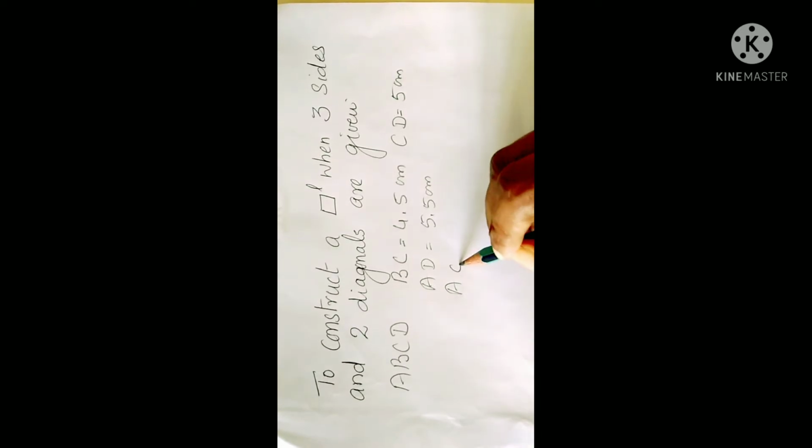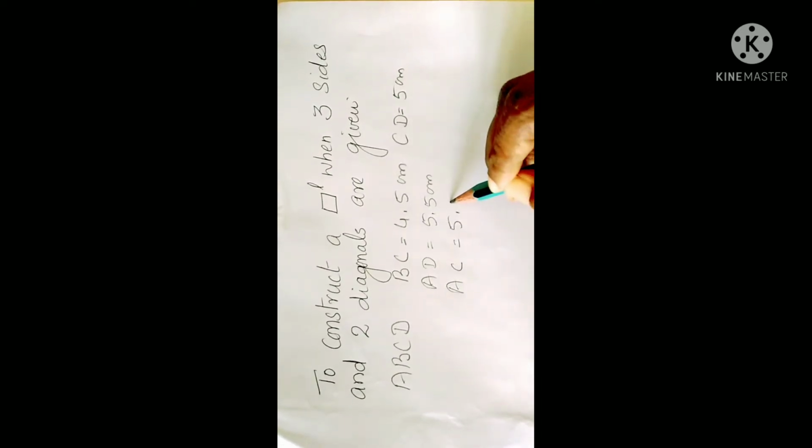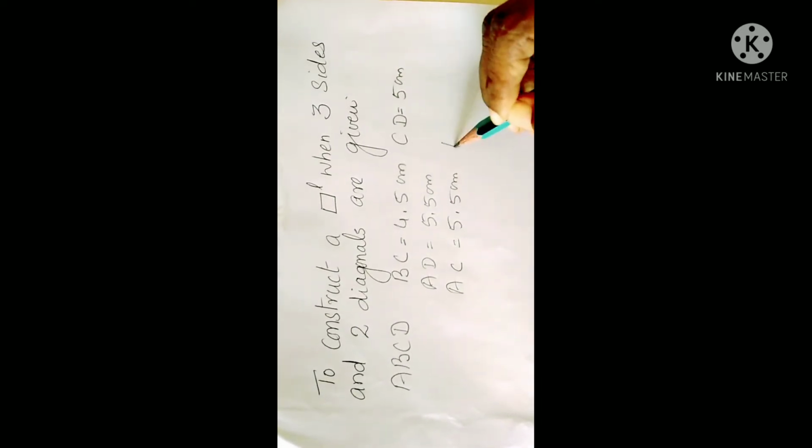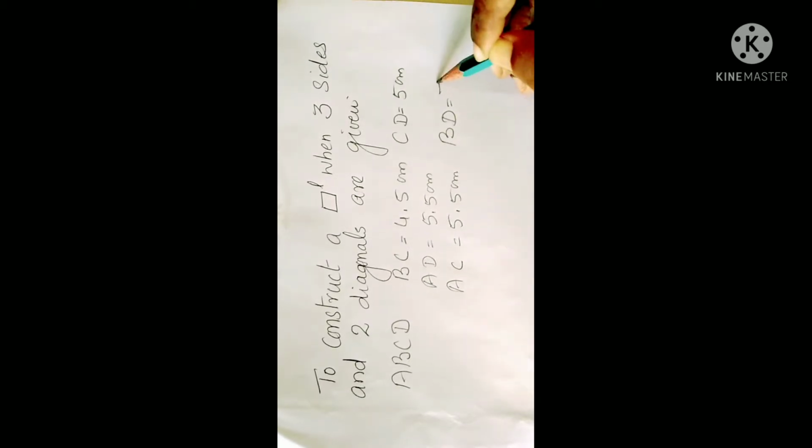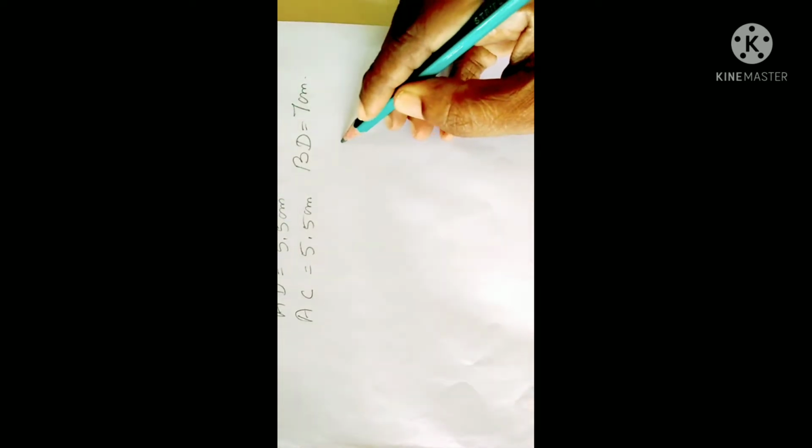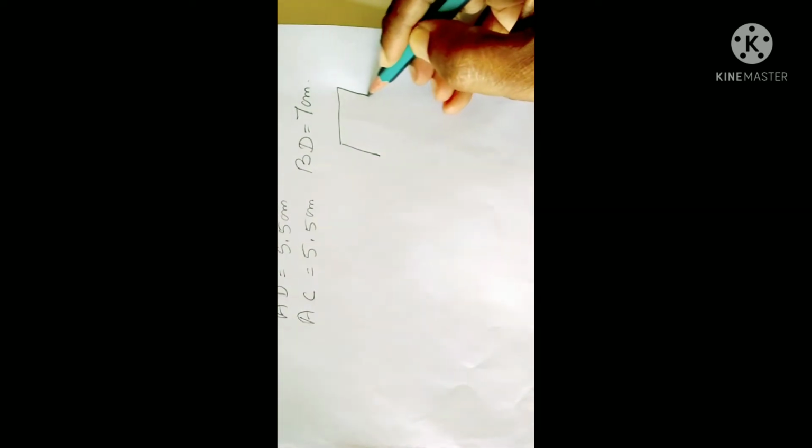Which are the two diagonals? AC and BD. So AC is given 5.5 centimeter and BD is given 7 centimeter. Now let us see how to construct it. As you all know, whenever you get some construction work, the first thing is draw a rough diagram. So let us draw a rough diagram.